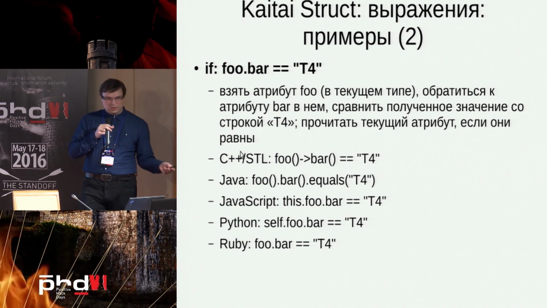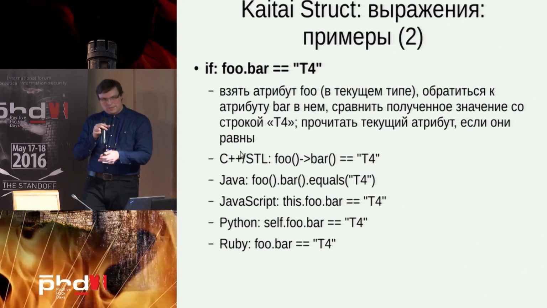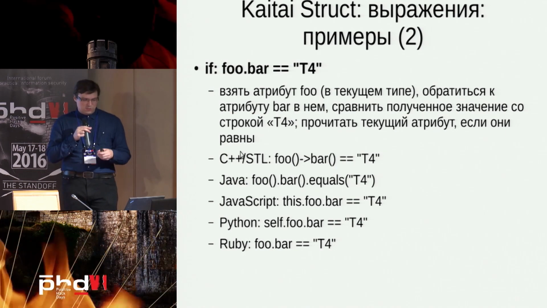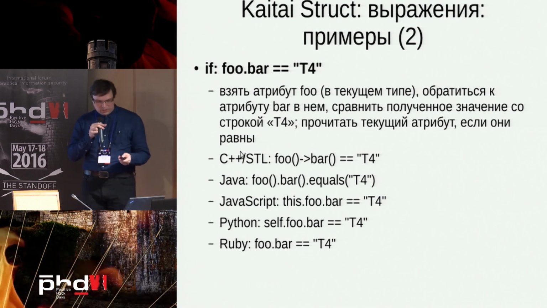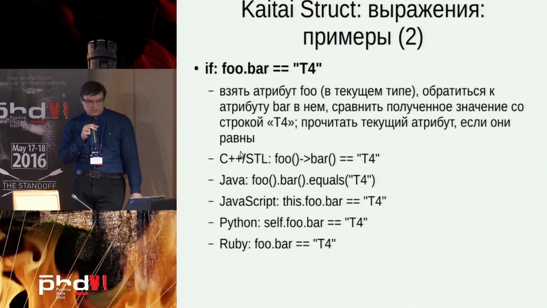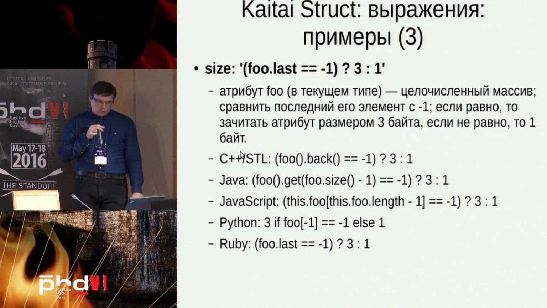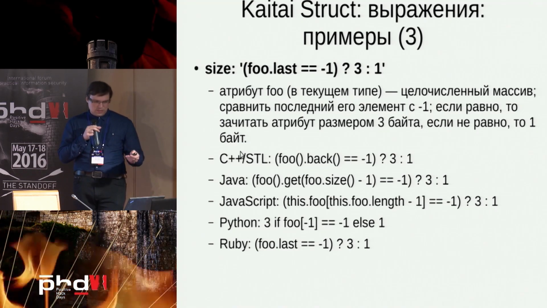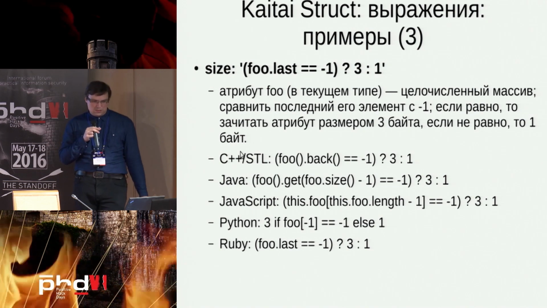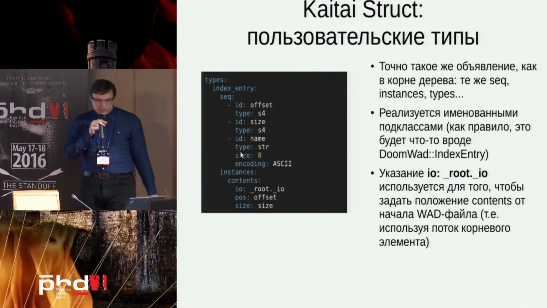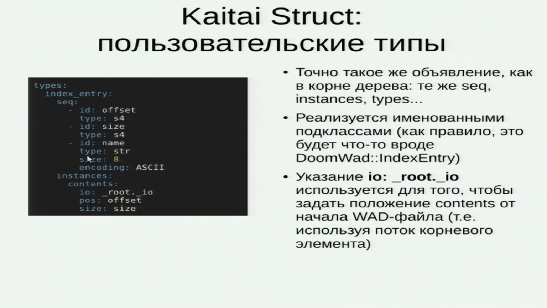You can specify that bar is the attribute of the next class, compare it with a string, and it will correctly translate into the target language. You can create some more sophisticated conditions related to the ternary operator, and there are user types that are specified in the types column.